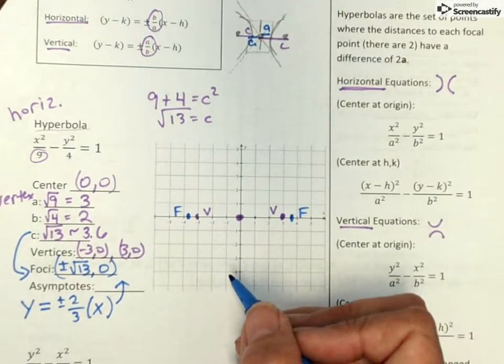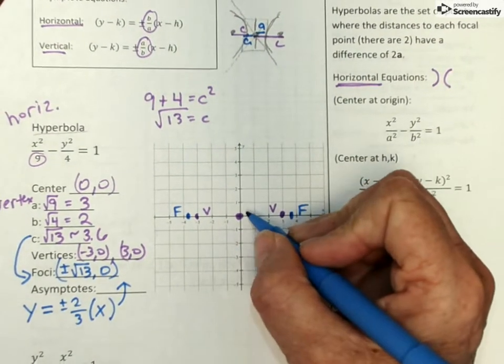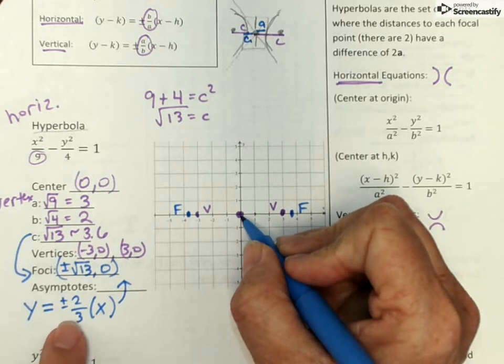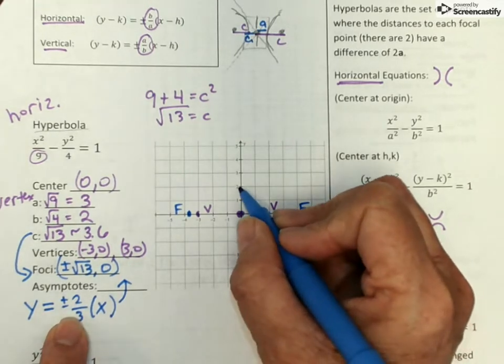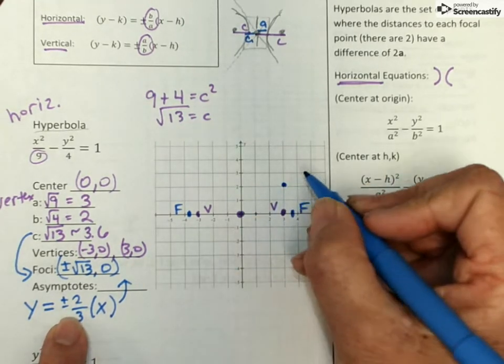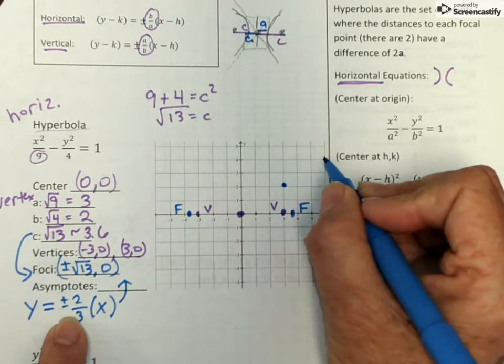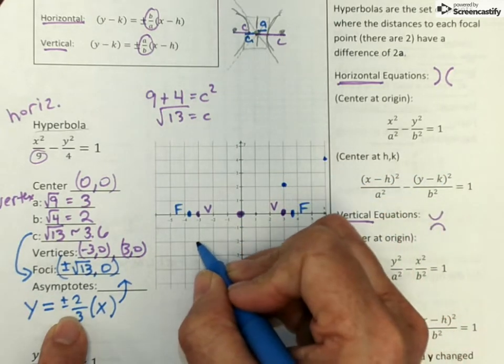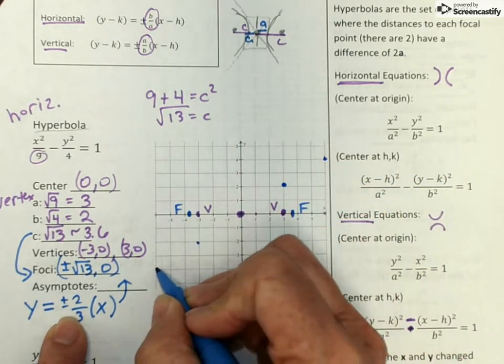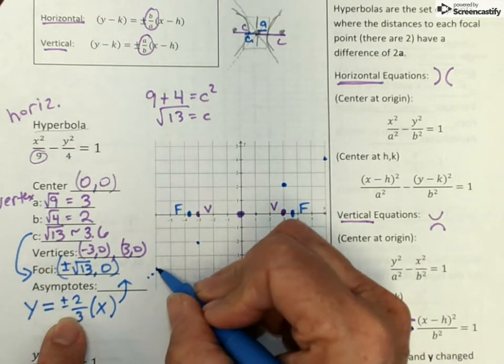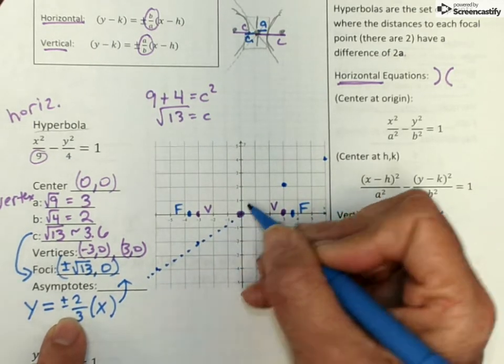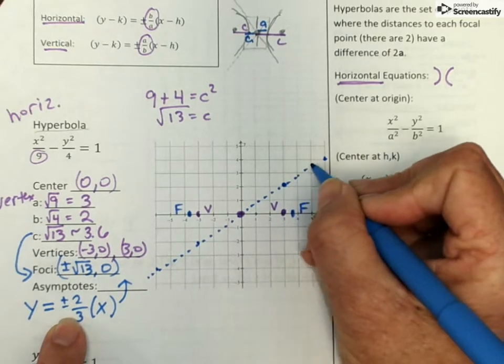And let's go ahead for the sake of this. I'm going to graph my asymptotes. We'll do the positive one first. So I go up 2/3 for my y-intercept. And let's do then down 2/3, down 2/3. And we would draw that in with a dashed line because we tend to show asymptotes with dashed lines.